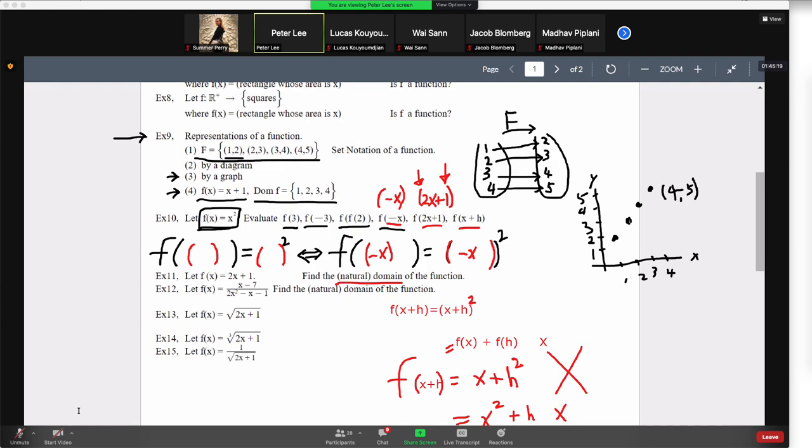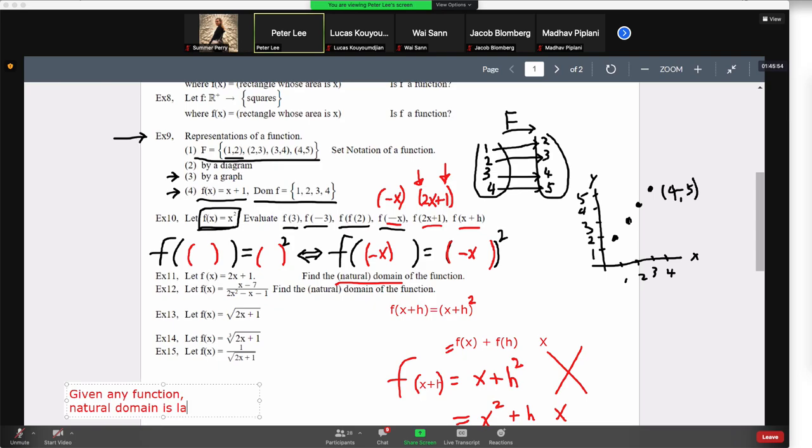So let me write it over here. Given any function, the natural domain is the largest possible domain.